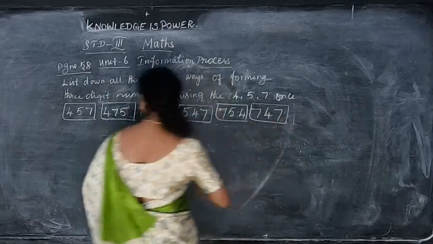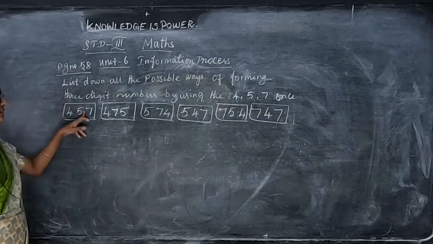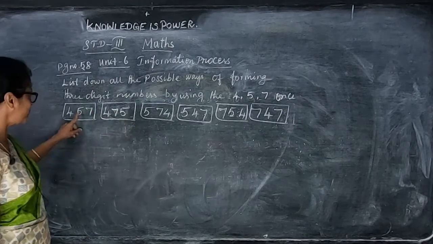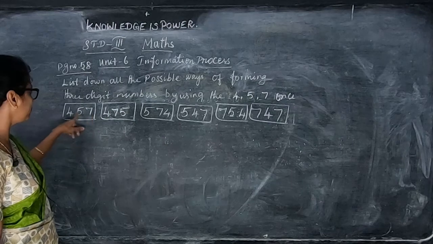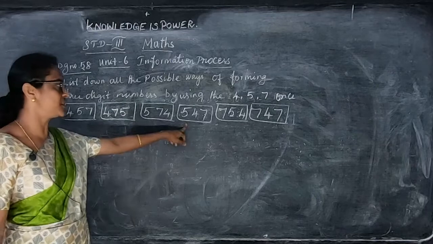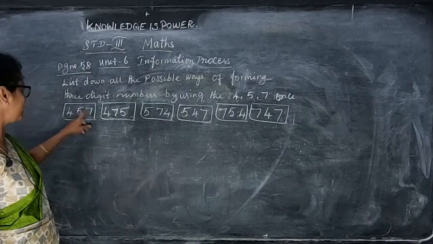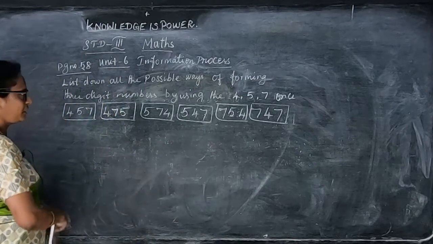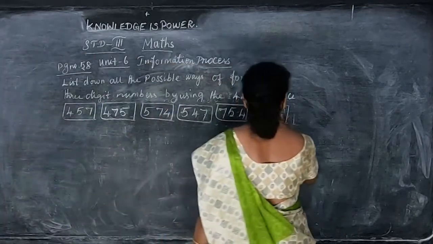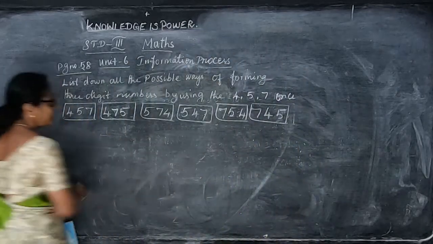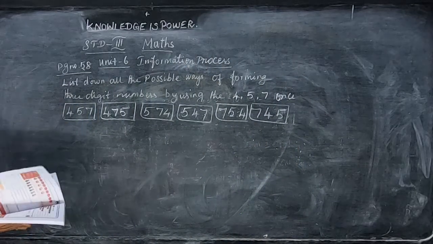So if you are taking the 4 first, 457, 475, these two numbers you can change. Then next you take 5, 574 and 547 also. And then again you take 7, 754, 745. You should use each number only once. So these are the possible ways of using the numbers 4, 5 and 7.